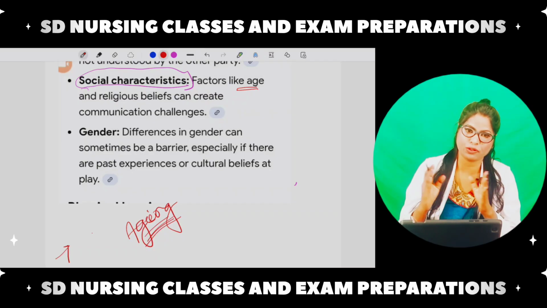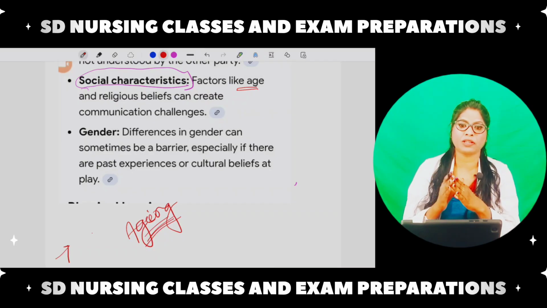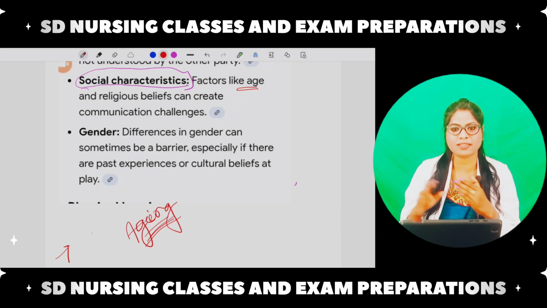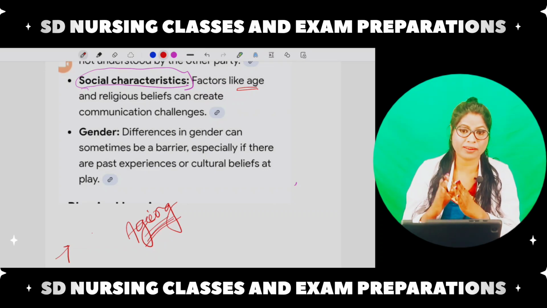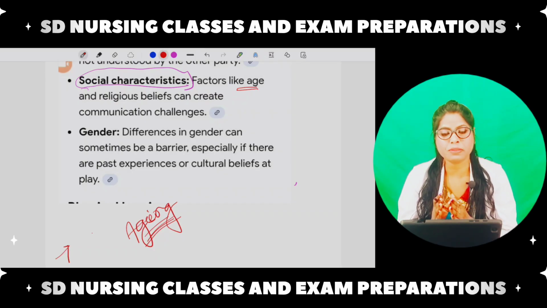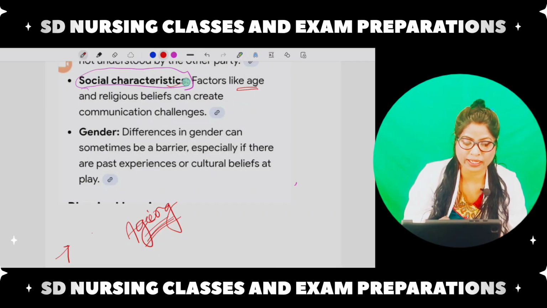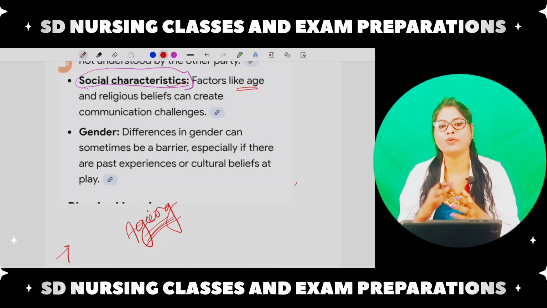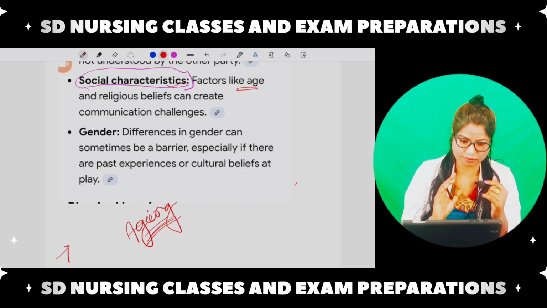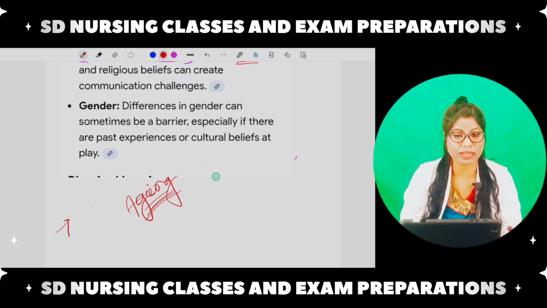Otherwise after discharge from hospital you will go home and continue your religious work, but in hospital you have to cooperate with us. So this is social characteristic and how you overcome that social barrier.